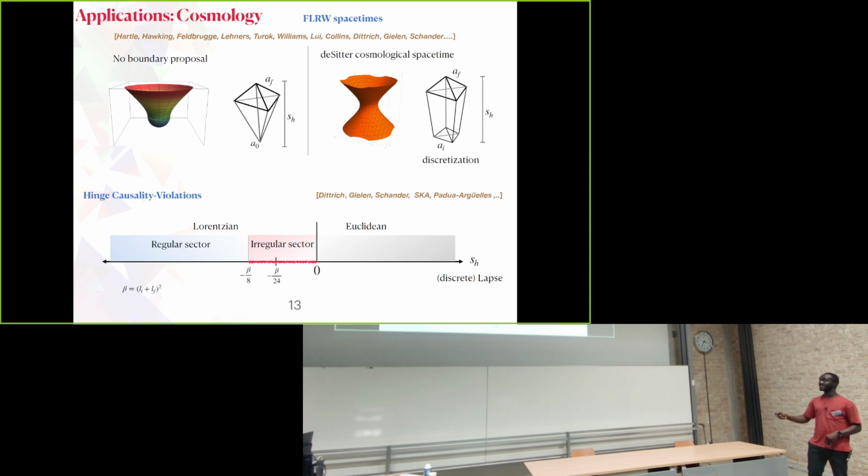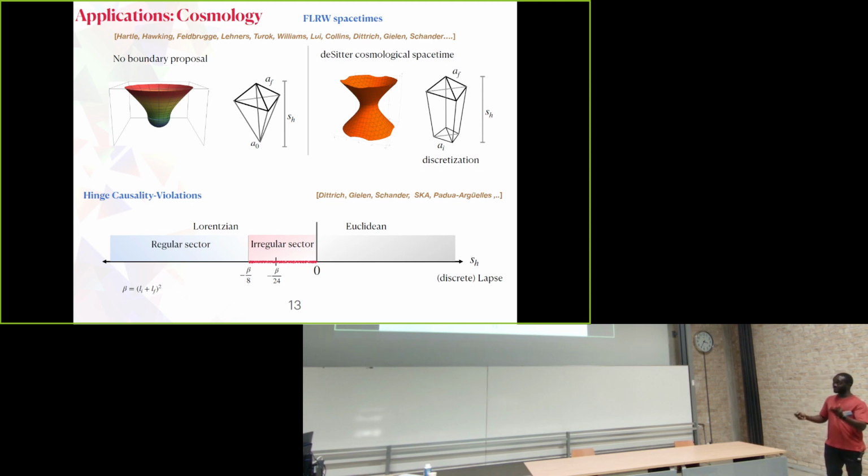On this side, if the height is 0 and higher, you only admit Euclidean configurations. But on this side, there's a Lorentzian configuration, but in some region you have some causality violations. This is where it's irregular, so I denote this by some shading. And there's a regular sector. Already in these examples, we see this interesting phenomenon showing.